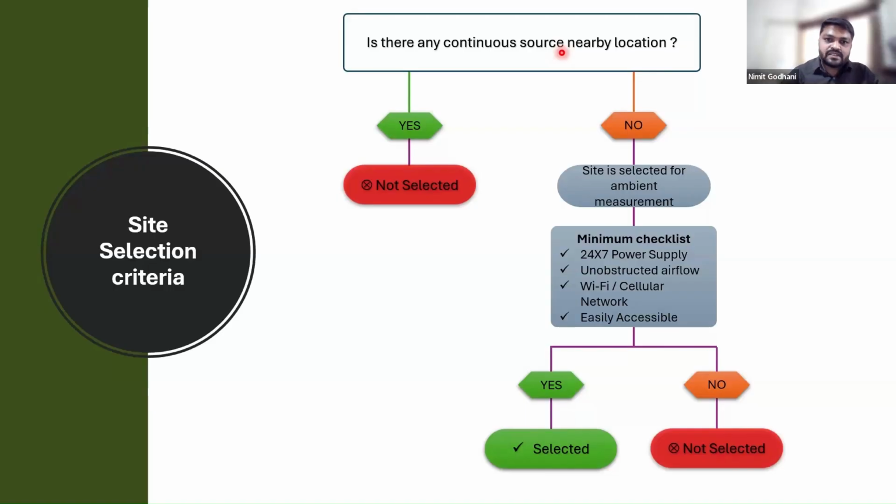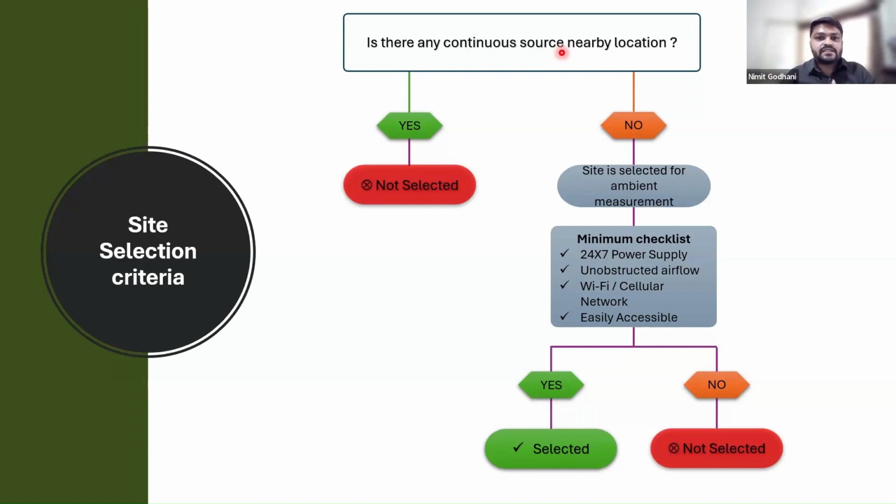If you want to measure PM from industry or continuous sources like stubble burning or biomass burning, you can also put the sensor nearby on the downwind side, but it should be some distance away, not exactly near the location of the burning or source.